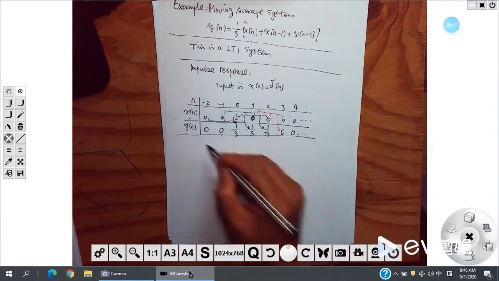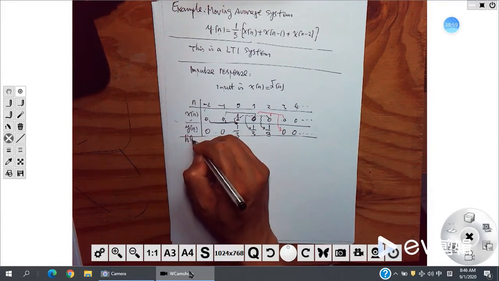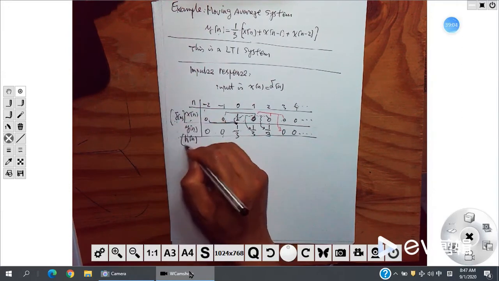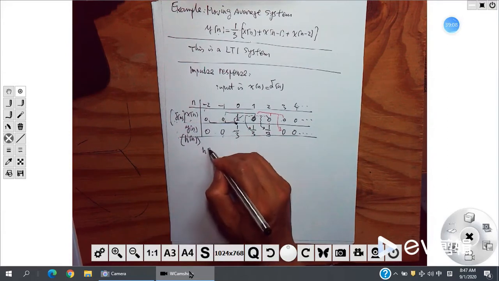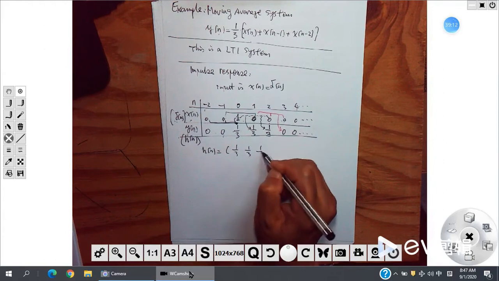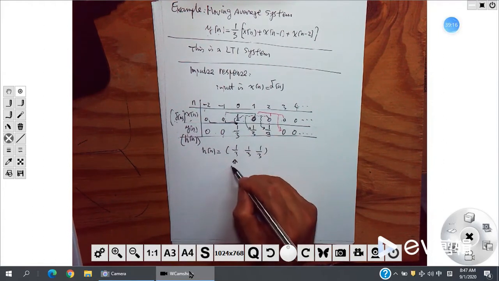Okay, we have y of n. Actually, this is h of n, the impulse response. This is delta of n, and this is h of n. So we have h of n looking like this: 1/3, 1/3, 1/3, with the first 1/3 at n equal to 0.